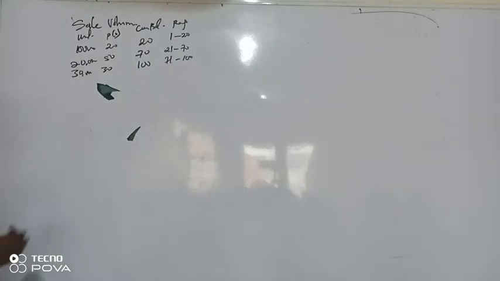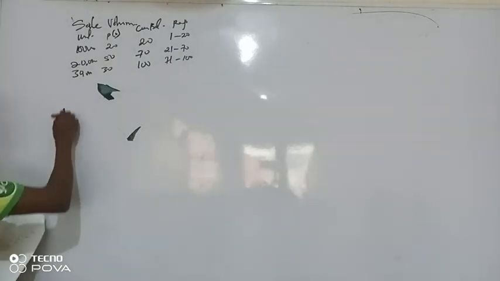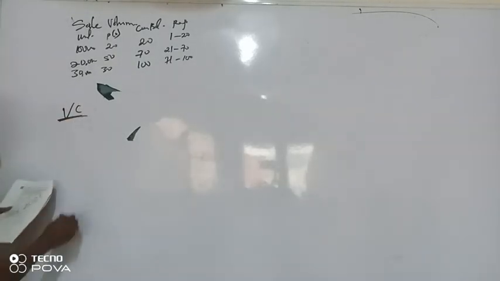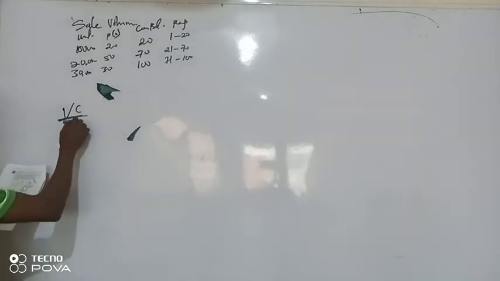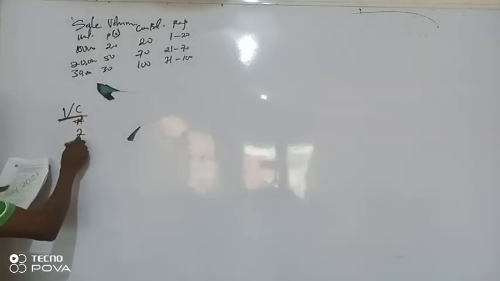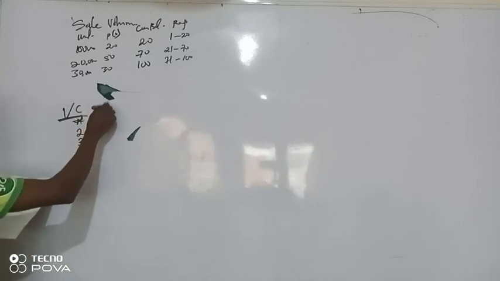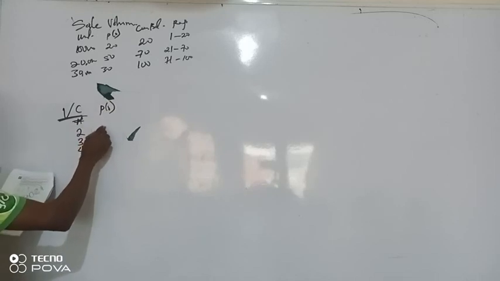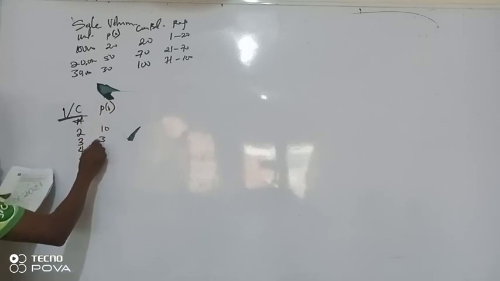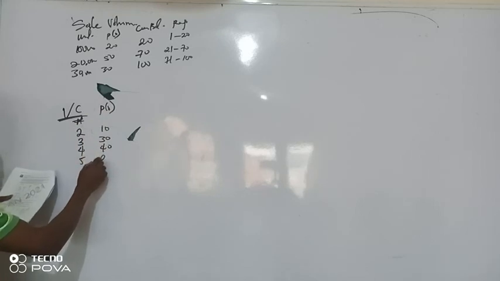The second variable is variable cost. In naira value, we have 2 naira, 3 naira, 4 naira, 5 naira. Then our probabilities are 10, 30, 40, and 20.